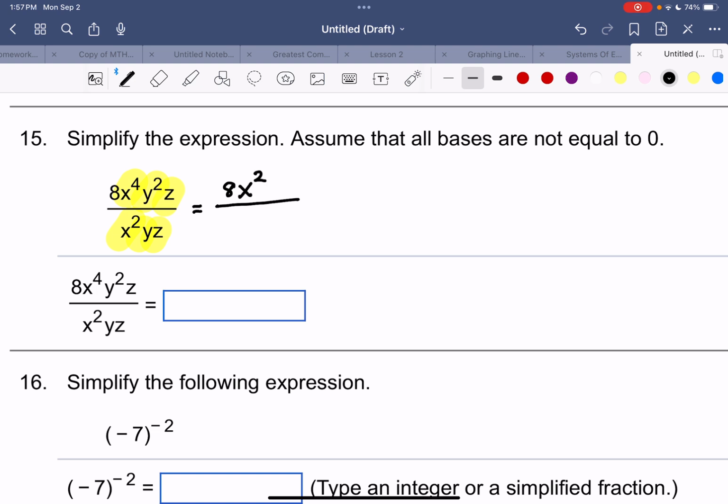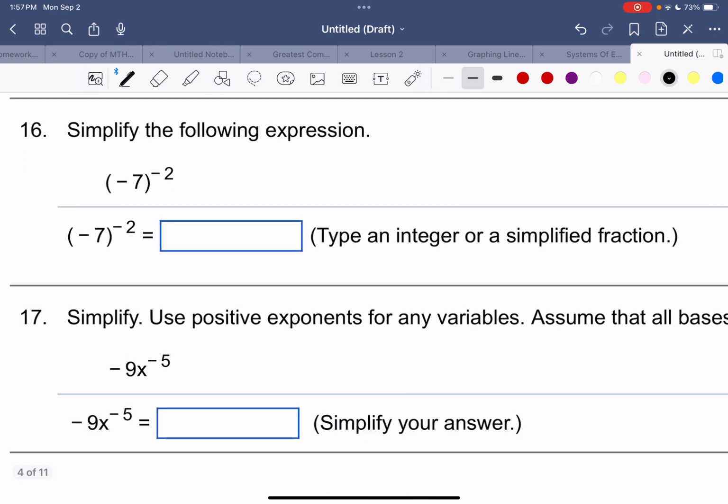I have more y bases. How many more? I have one more. And then z divided by z is just a 1. So my final answer is 8x squared y, because when I subtract the 4 minus 2, I have x squared in the numerator. The 2 minus 1, I have y to the 1 in the numerator. So 8x squared y.